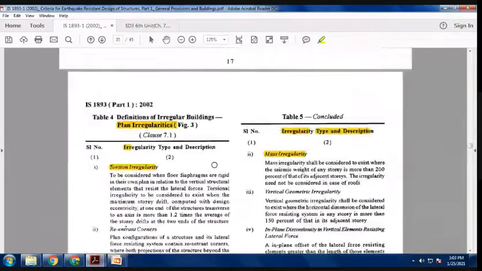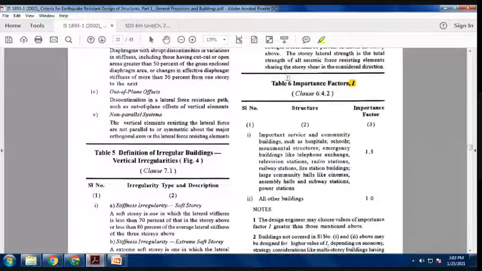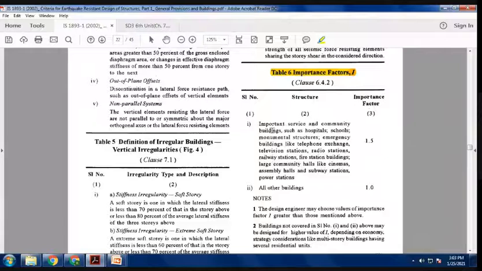Here, in the code book, we have some guidelines in the importance factor, table number 6. In table number 6, it says that if your structure is so and so, then you should take an importance factor of 1.0 or 1.5. Suppose it is an important service or community building, such as a hospital or a school, monumental structures, or emergency trains, television station, radio station, railway station, or any other public sector.